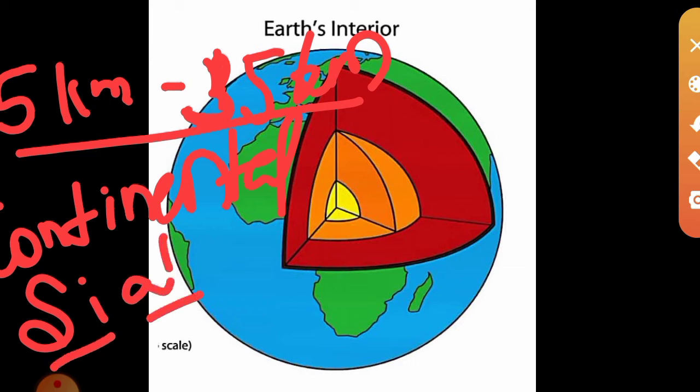That means continental crust is composed mainly of two minerals, two metals predominant in this continental crust. Continental crust means the part of crust which forms the continents.